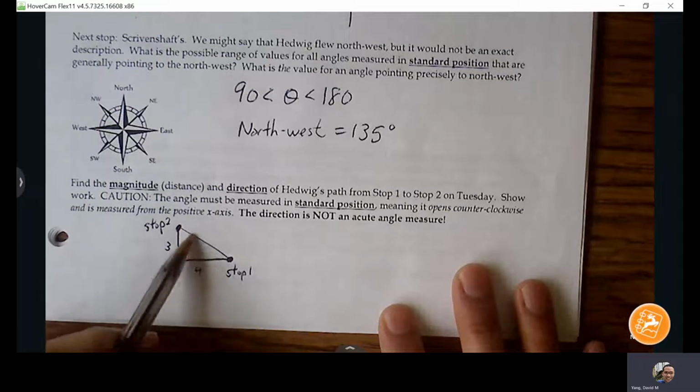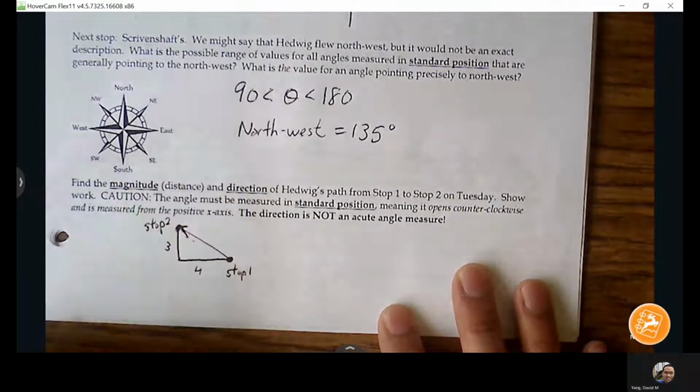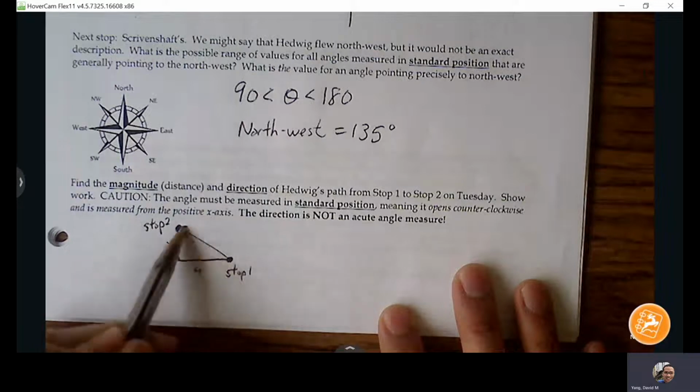Okay, magnitude is just finding the length of this hypotenuse.